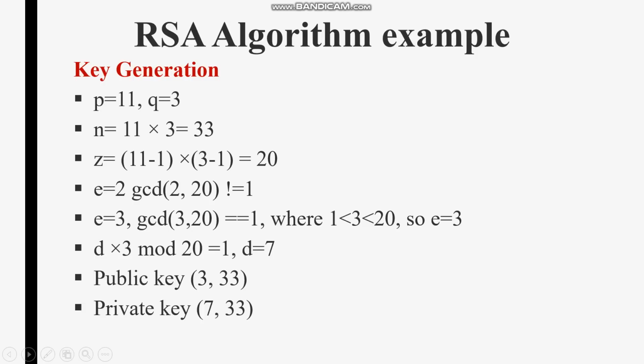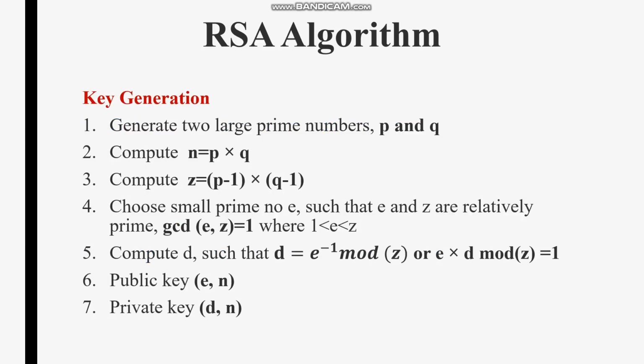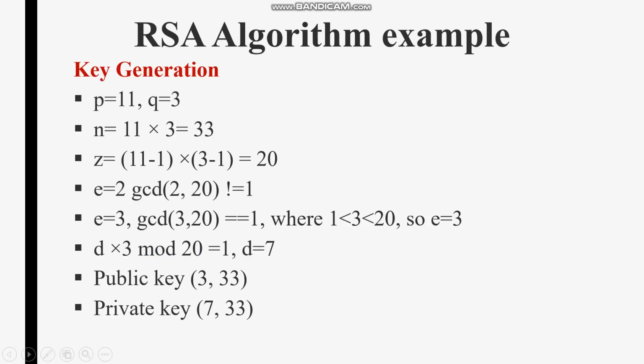Now compute the private key. What is the private key? D. How do you compute it? D is equal to E inverse mod Z, or it can also be written as E into D mod Z is equal to 1. Now what is E? E is 3. I need to know D, and Z is 20.